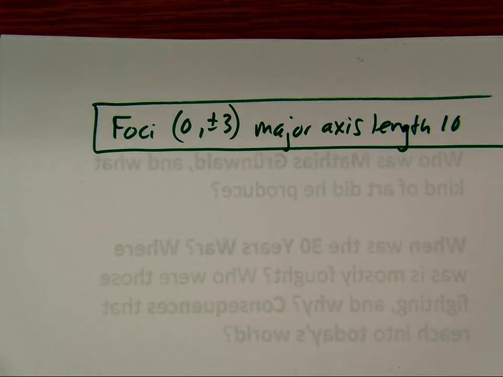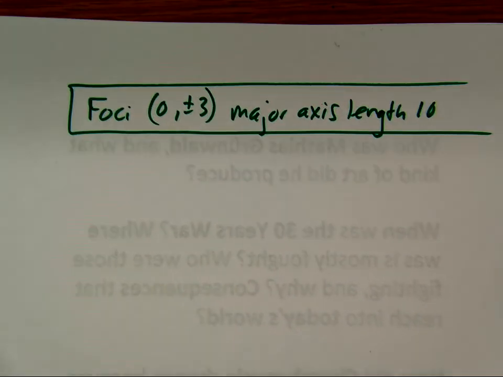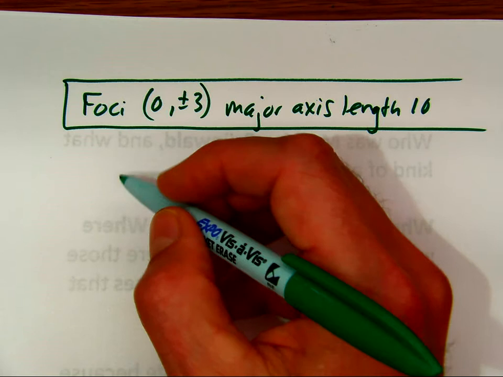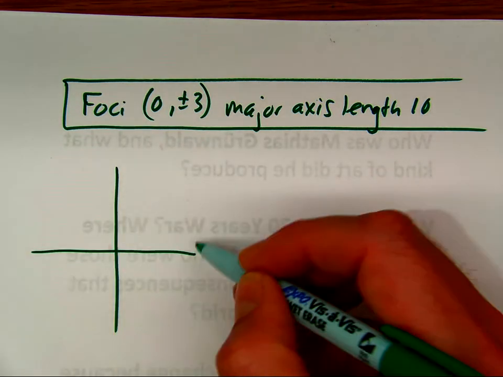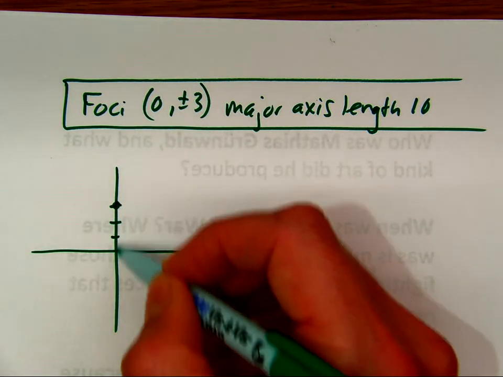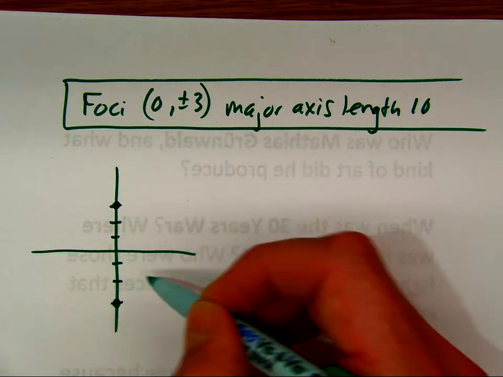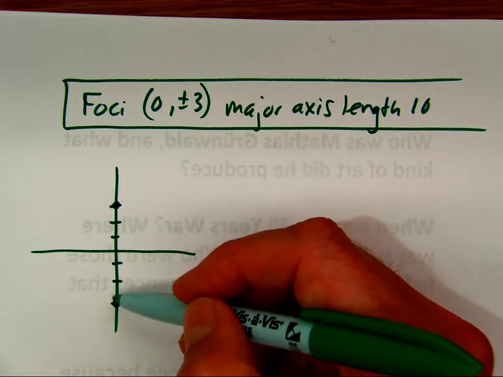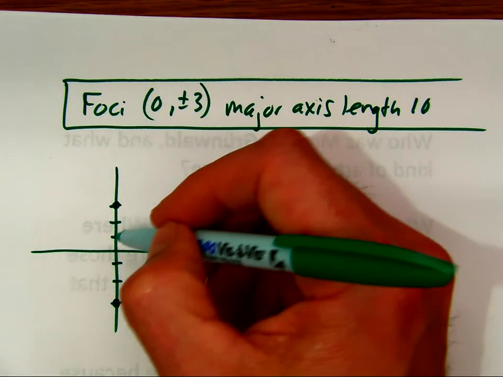All right, pause the video, try this problem. Over 0 up 3. The major axis is the y-axis because that's where the foci are, and it has a length of 10, so we need to go up.